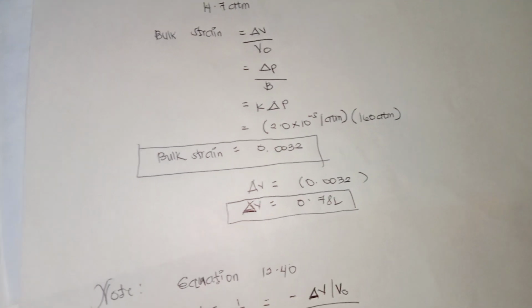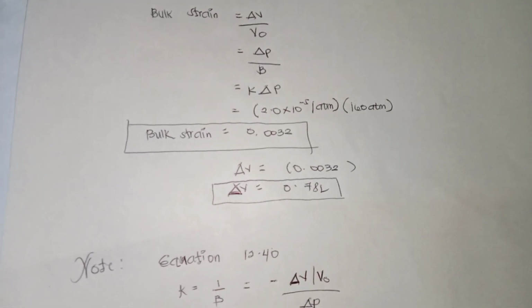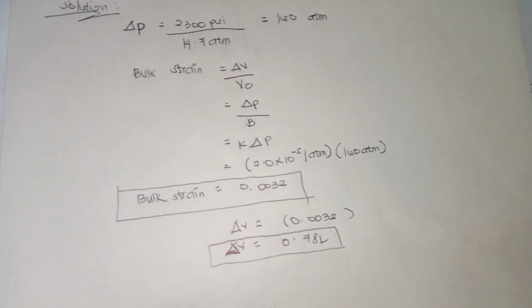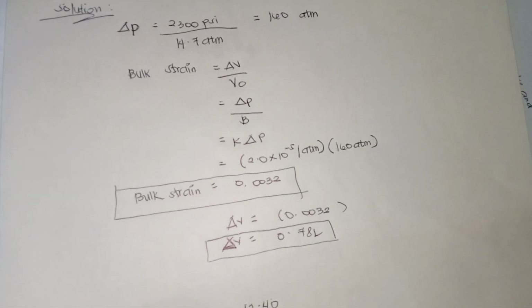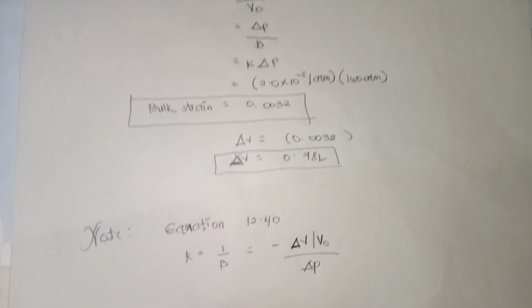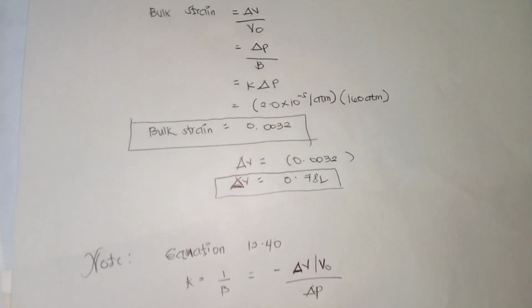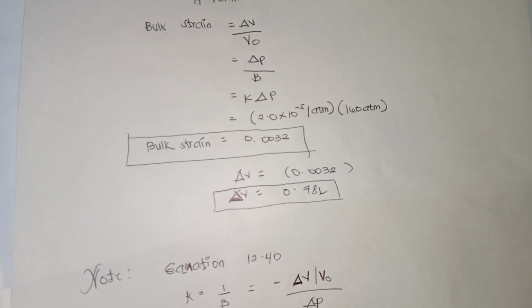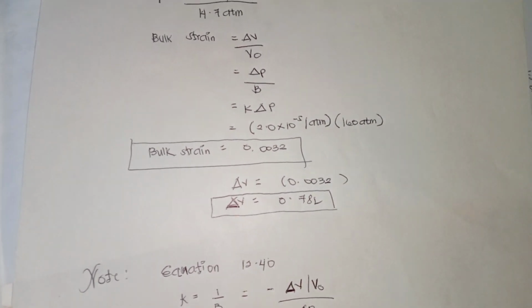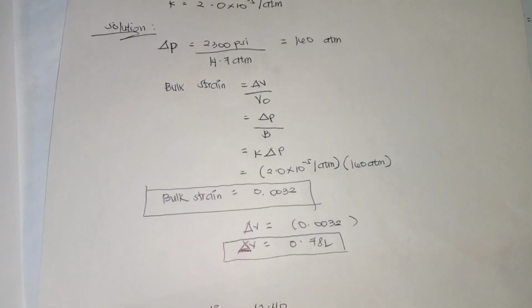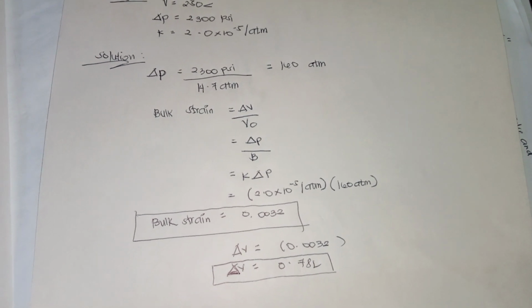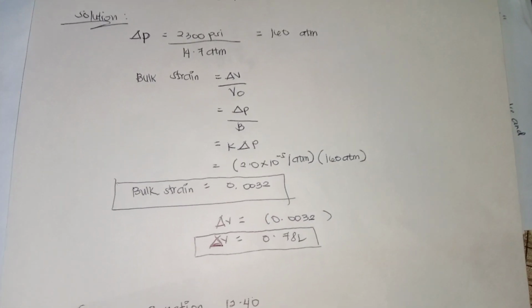Then we must use this equation, the change of the volume relative to the original volume, which is equation 12.40. To find the absolute decrease, we multiply by the original volume. So we have 2.0 times 10 to the power of negative 5 per atmosphere and 160 atmospheres, and we multiply.